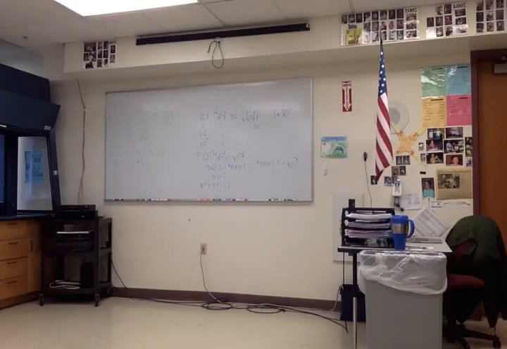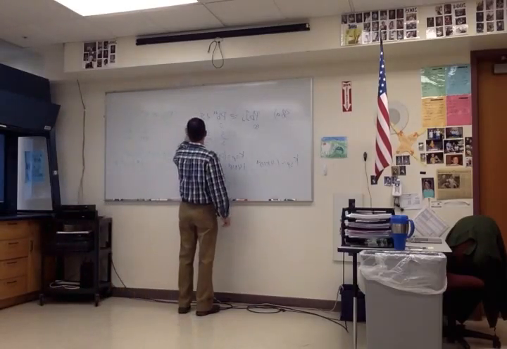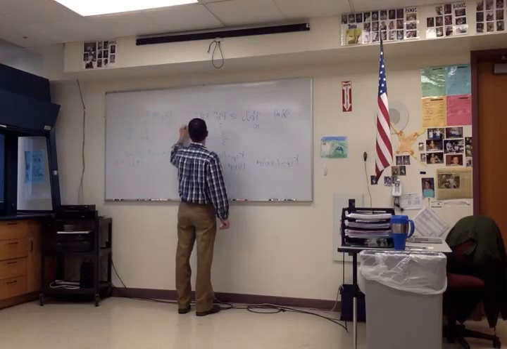Oh, I would probably do the 0.1. For letter C, 0.2 squared. I think you have to factor that out. I would factor it out.